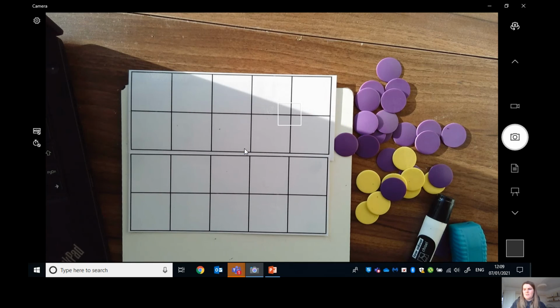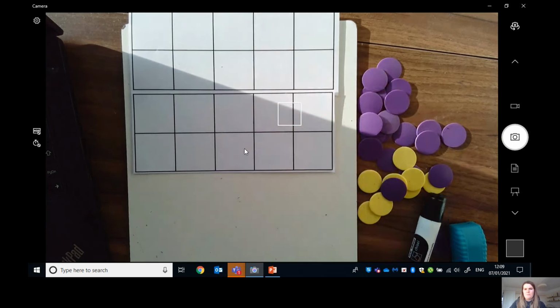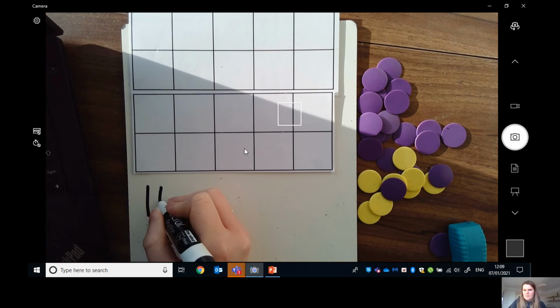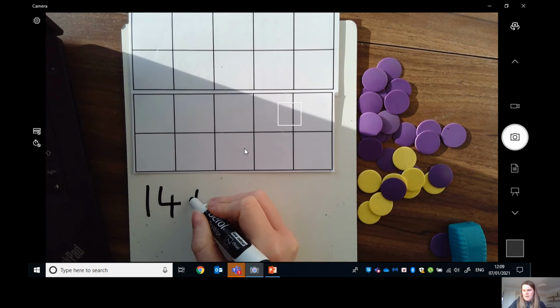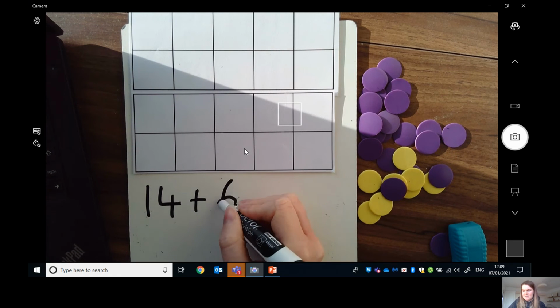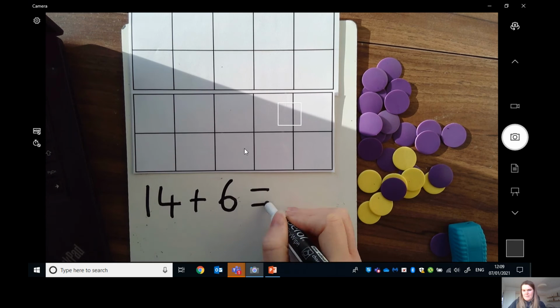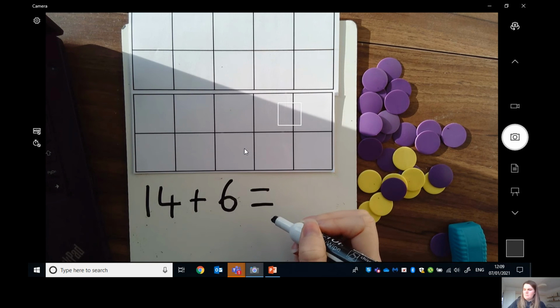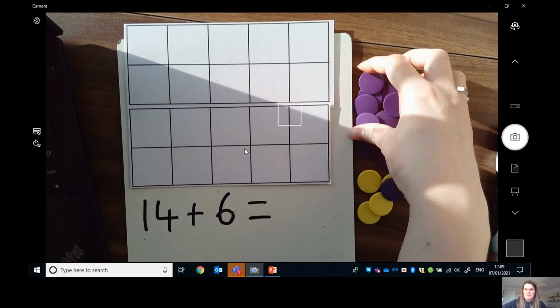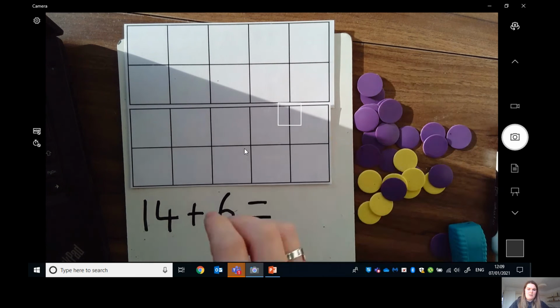First thing I have to do is what? First thing I have to do is write the sum. 14 plus 6 equals. 14 add 6, and we can double check.